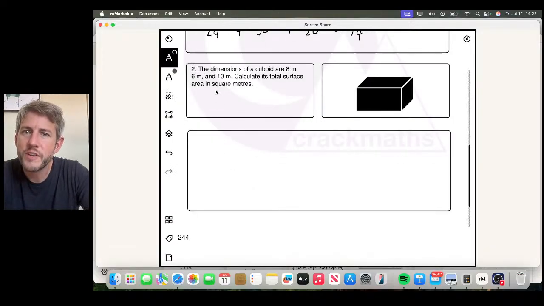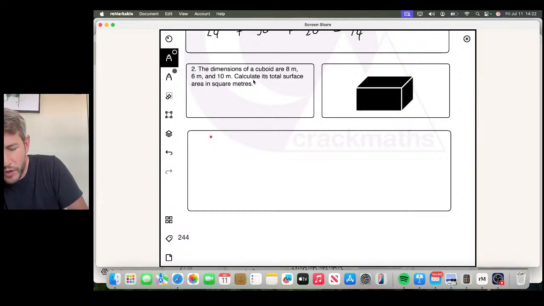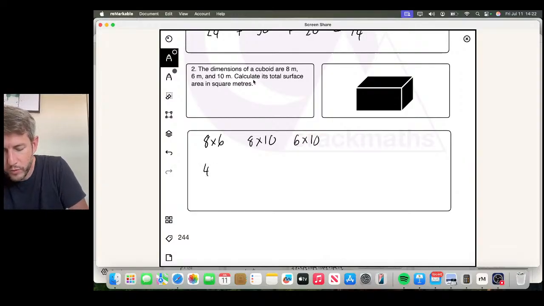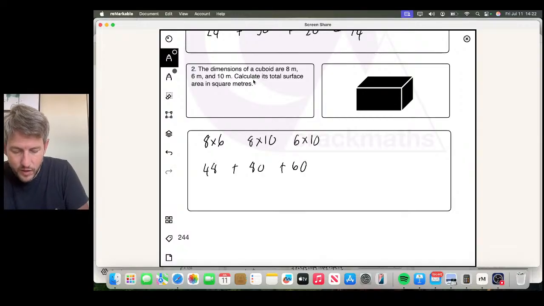Here we go. The dimensions of the cuboid are 8 by 6 by 10. So that means we've got an 8 by 6 face, an 8 by 10 face, and a 6 by 10 face. This is going to be 48, add 80, add 60. We can add these together. So 60 and 48 is 108.